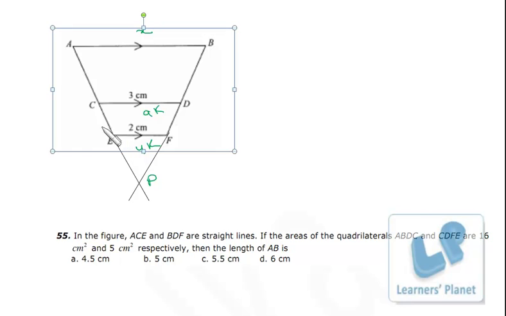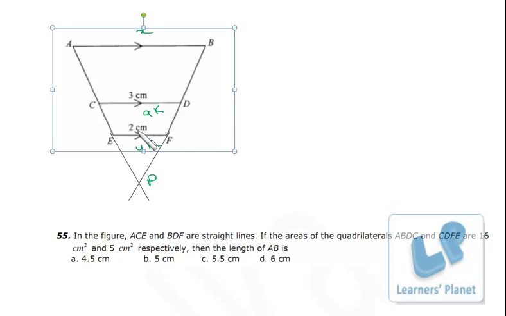So area of ECDF will be 5K, right? Because see, this complete area is 9K. Out of this, if we deduct the area of this triangle PEF, then we are left with 5K. Okay, so area of ECDF, that is this trapezium or quadrilateral.